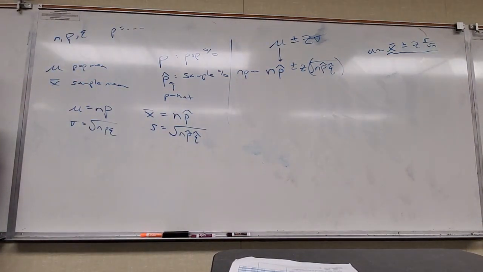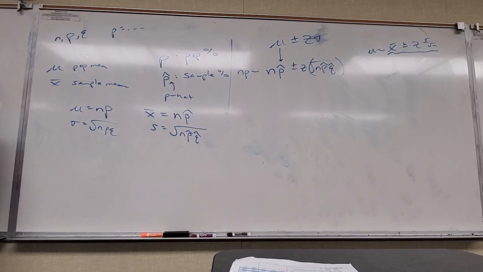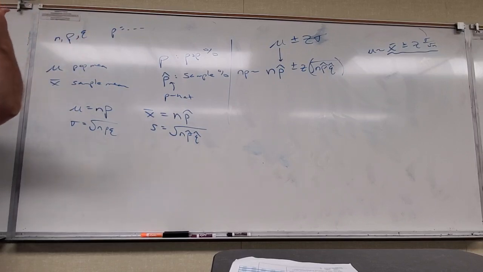Stop for a minute. This is all really weird, I know. Now, in the news, don't we just see 40% gonna vote for this person, 42% gonna vote? Aren't they just percentages? Give or take 4%?